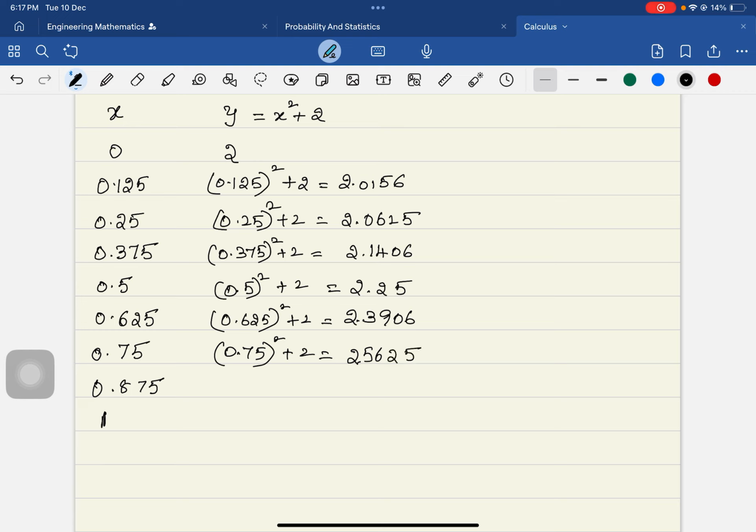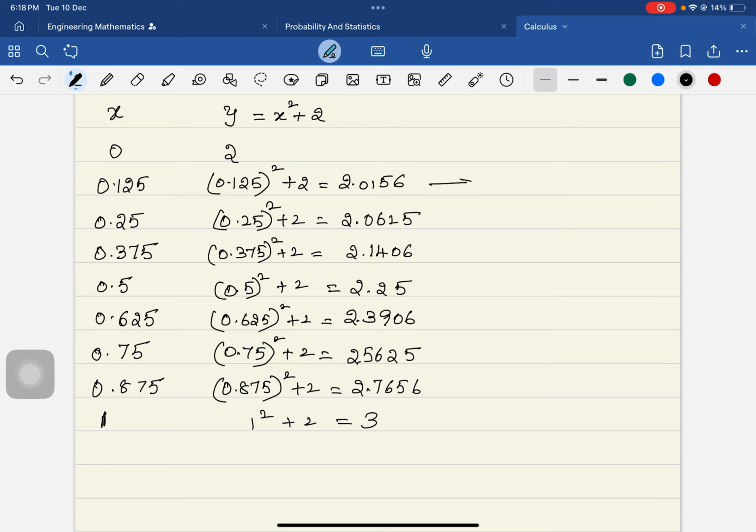And then 0.875 the whole square plus 2 is 2.7656. And 1 square plus 2 is equal to 3. So these are the y values. Whenever you calculate, you have to do it properly. Now these are the values.